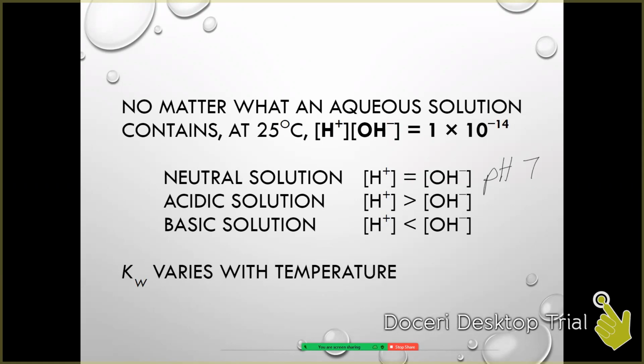In an acidic solution, the hydrogen ion or hydronium concentration is going to be greater than the hydroxide, so we're going to get a pH less than 7. And vice versa, for a basic solution we're going to get a pH greater than 7. And I kind of already said that, but pH does differ with temperature.